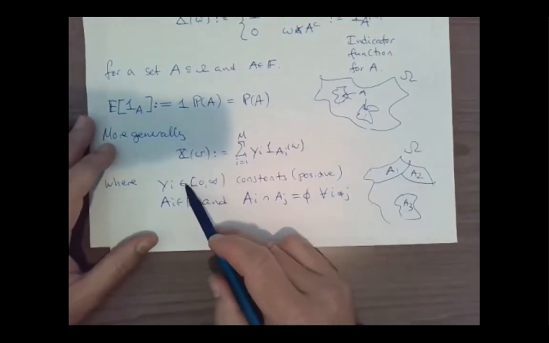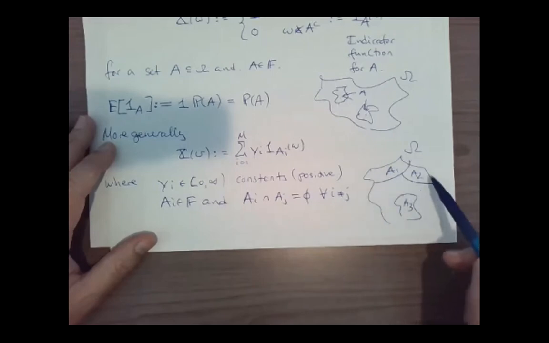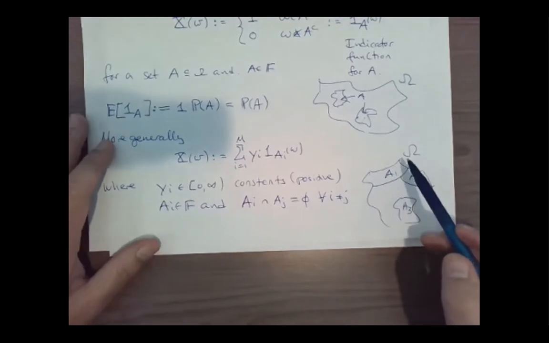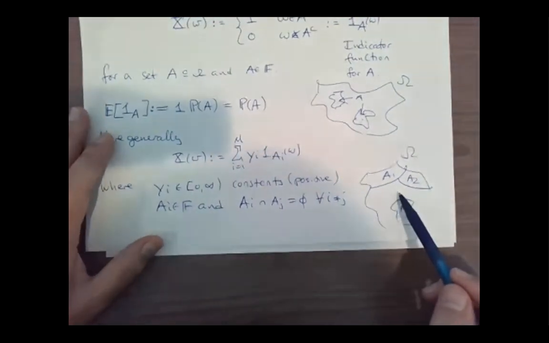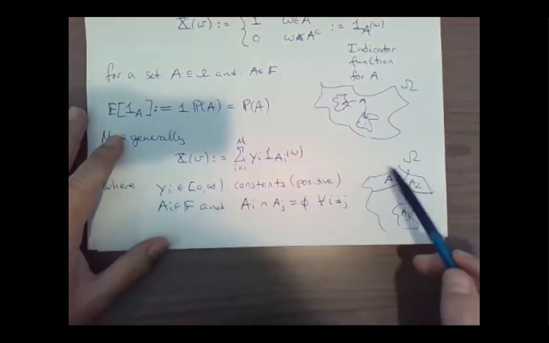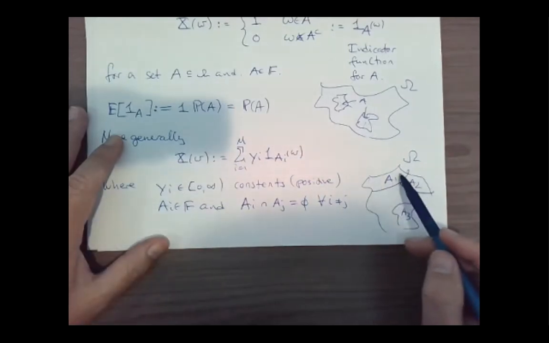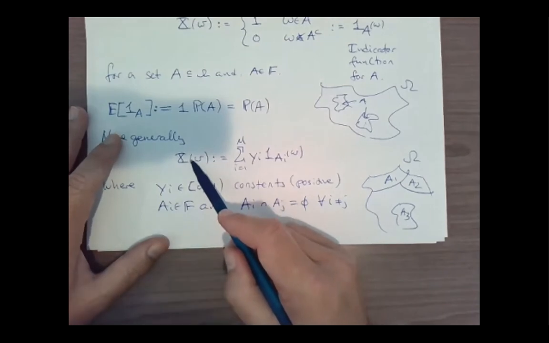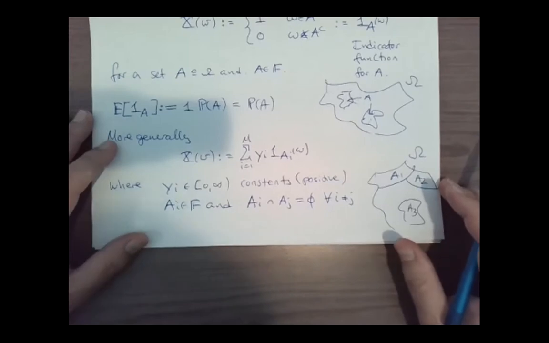And then I'll have a bunch of constants. And so on these cells, on these disjoint sets, on these blocks, whatever you want to call them, partitions probably, that's not a good word, because partitions would somehow indicate that when I take the union of all of them, I'll get omega. This is not what I'm saying here. I'm saying I take these cells, and on these cells of omega, the random variable that I call X is constant.